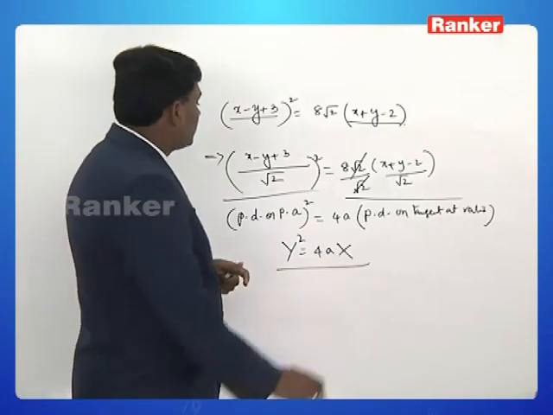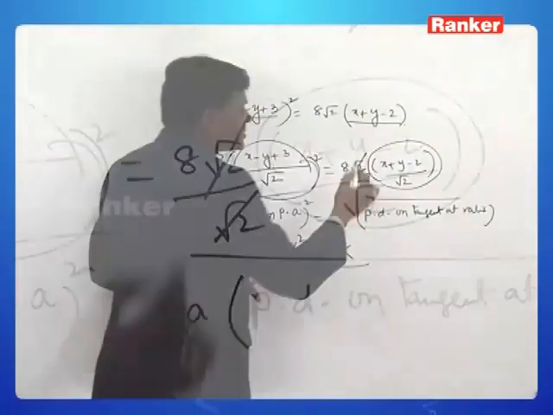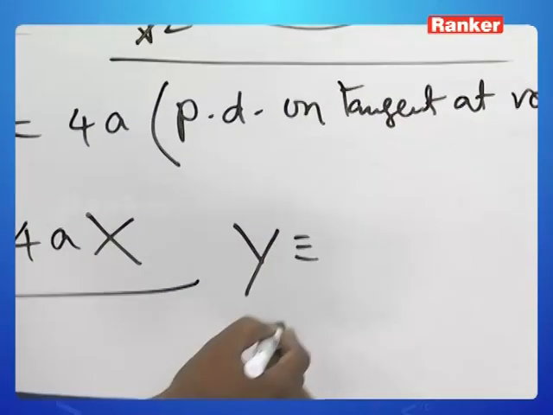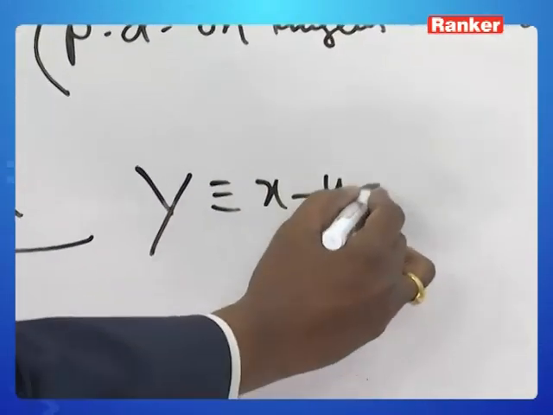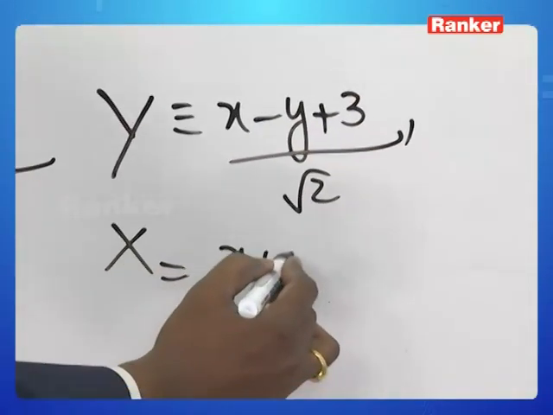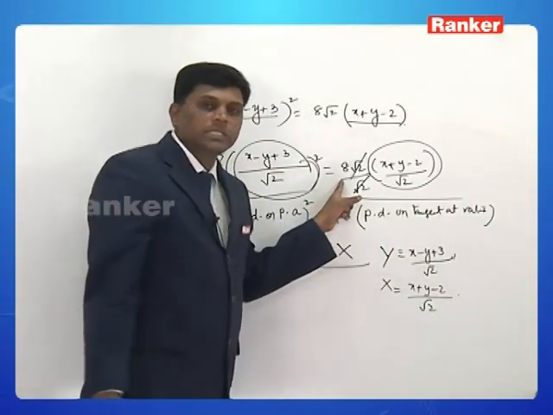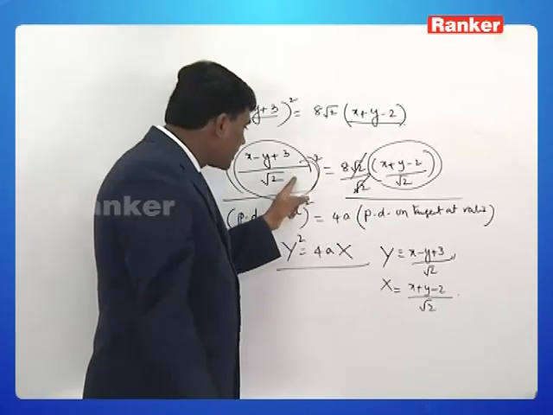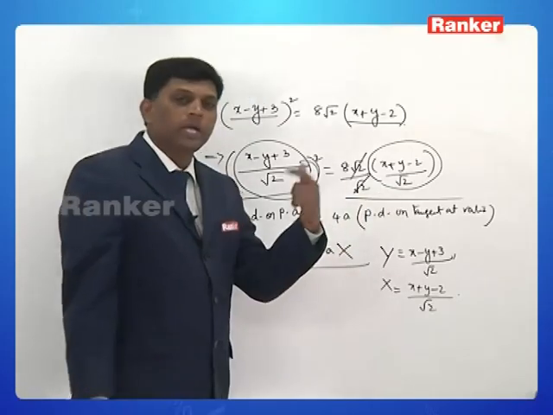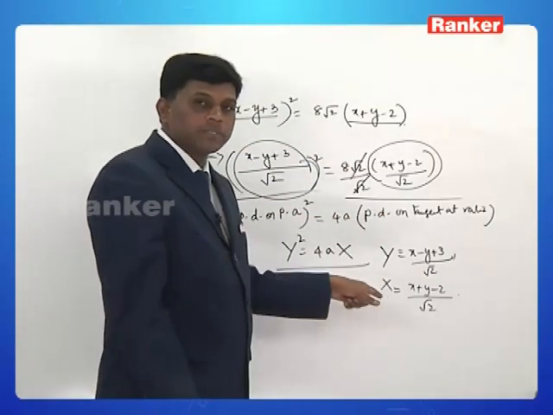For that we just take this as capital Y and this as capital X. We use the assumptions: capital Y is taken as (x minus y plus 3) by root 2 and capital X is (x plus y minus 2) by root 2, and 4a is obviously 8. After getting the standard distance form, if we use these assumptions, we can blindly apply first simplest form properties to get any result for this.